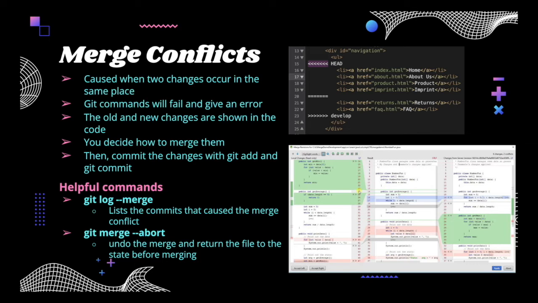Then you decide how to merge the changes and commit them with git add and git commit. Git log --merge lists the commits that cause the merge conflict, and git merge --abort undoes the merge and returns the file to the state before staging. These two might help you with the merge conflicts.